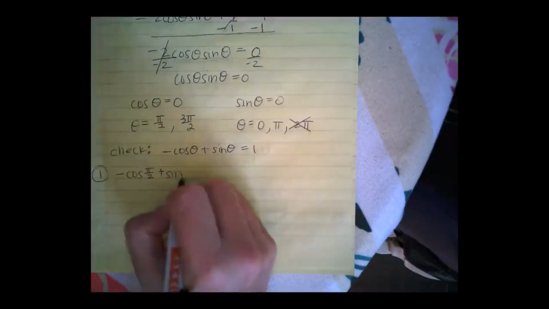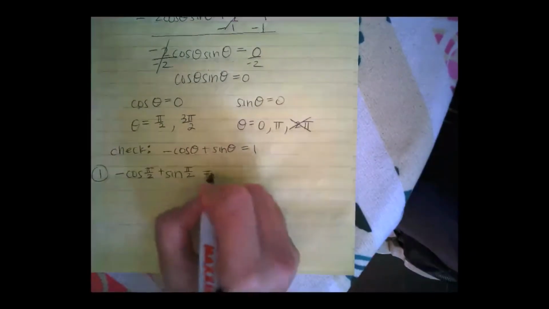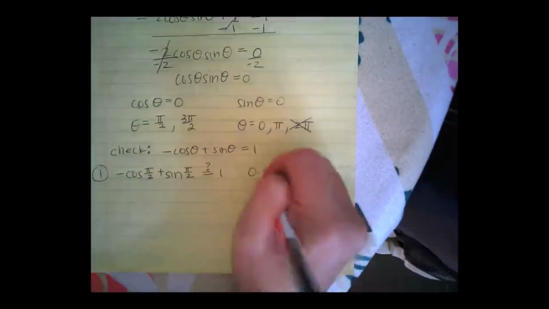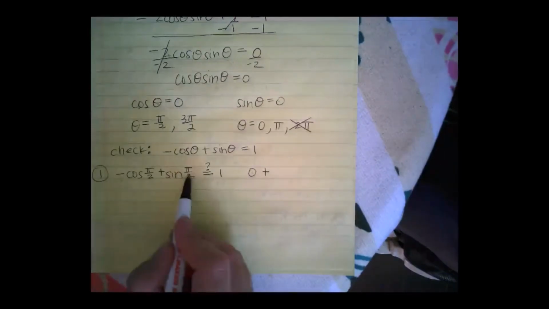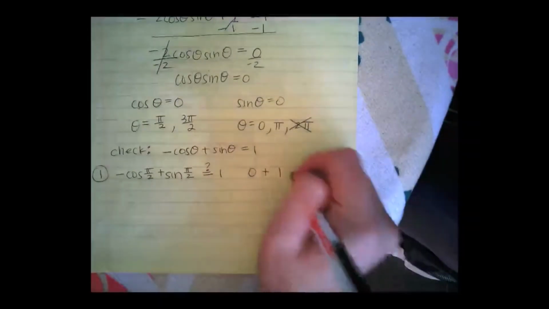Does negative cosine of pi over 2 plus the sine of pi over 2 equal 1? The cosine of pi over 2 is 0, and negative 0 is still just 0. So this becomes 0 plus the sine of pi over 2, the y-coordinate of pi over 2, which is 1. And 0 plus 1 does, in fact, equal 1. So I am going to circle pi over 2. It passed the test; it checked out correctly.